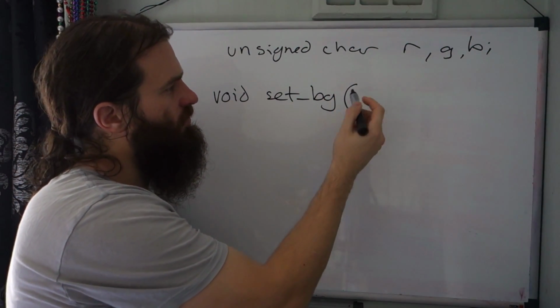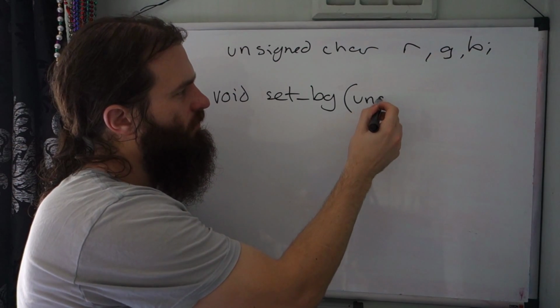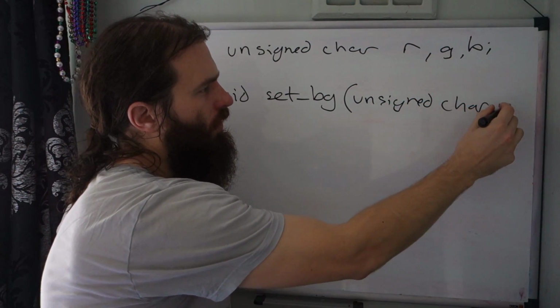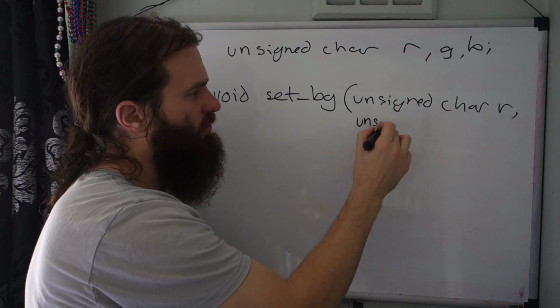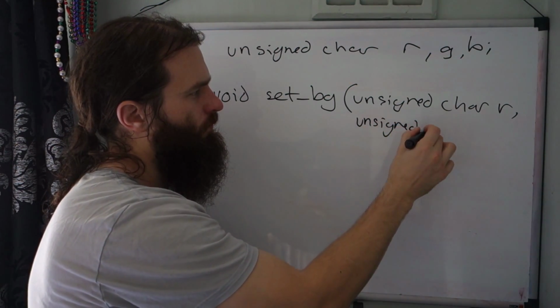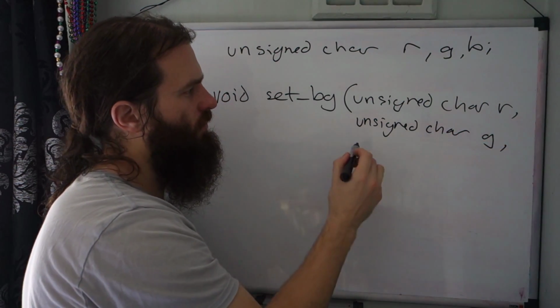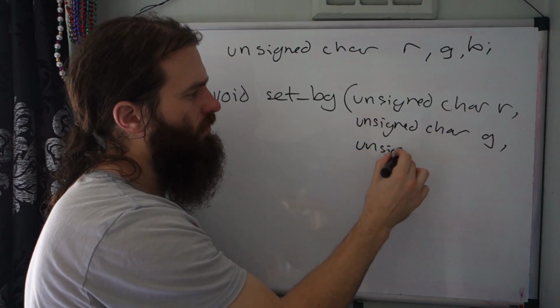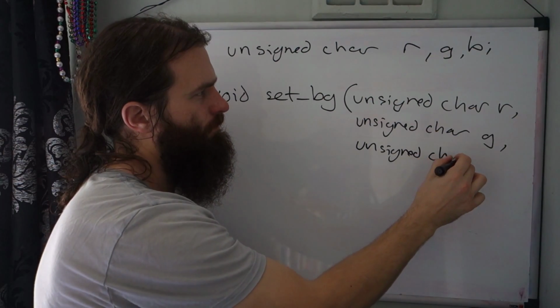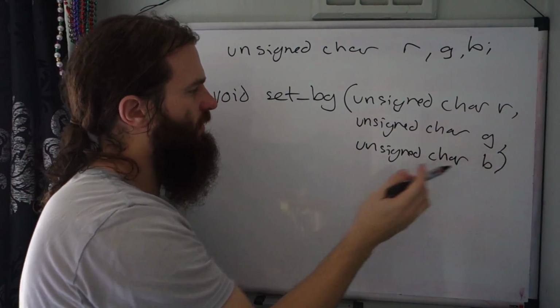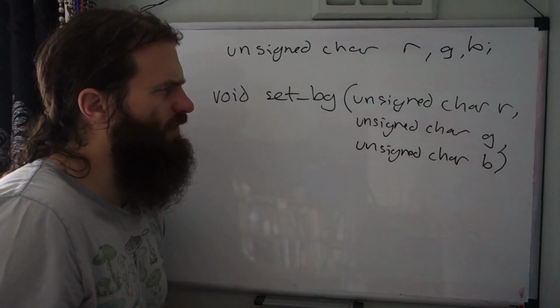You'd then have to have unsigned char R, unsigned char G, unsigned char B in your function prototype, and then have your function definition down there.